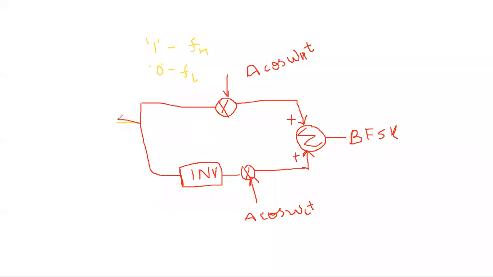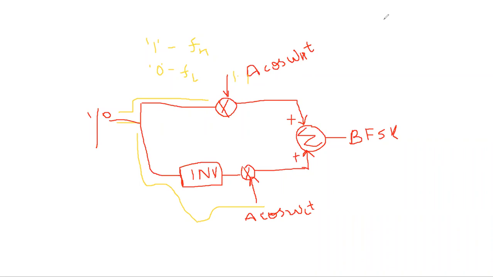So what input do we give here? The input given is your modulating signal. This modulating signal is your digital signal, and in a given bit interval it will be either logic 1 or logic 0. Consider that in a given bit interval the input is logic 1. This logic 1 passes to both branches, the upper branch and the lower branch of the transmitter diagram. In the upper branch, the carrier is multiplied by 1, so it will be 1 times A cos of omega ct.